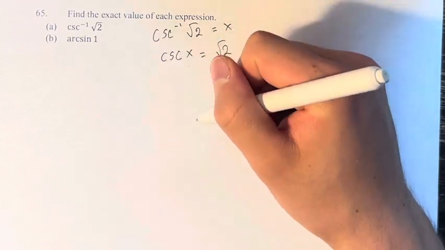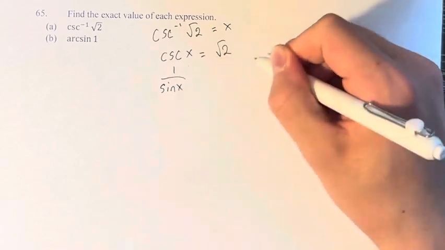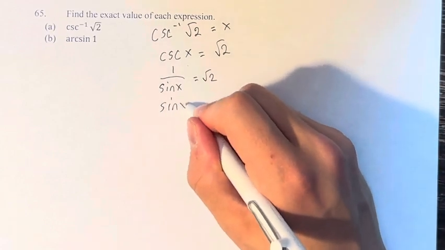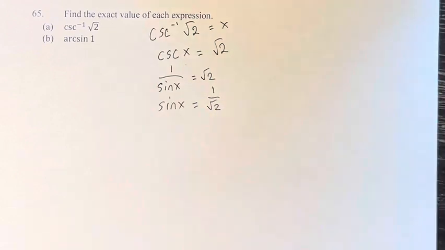See, cosecant is equal to 1 over sine. We know that therefore the sine of x, for whatever this x value is, is equal to 1 over root 2.